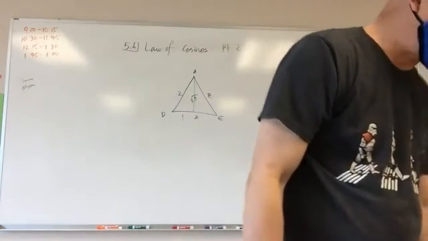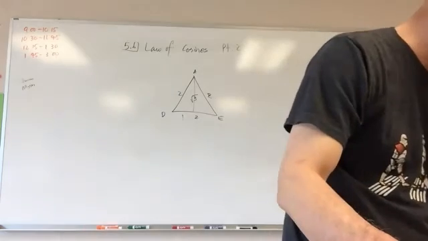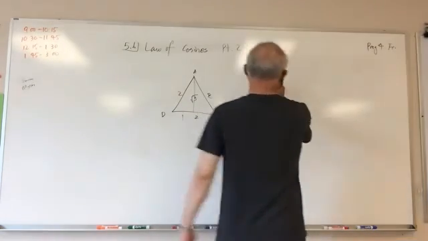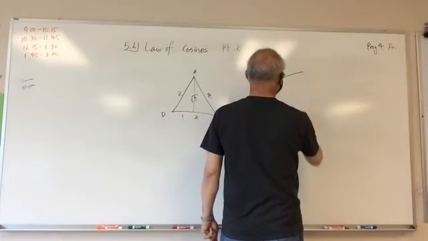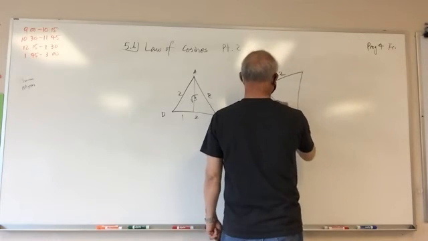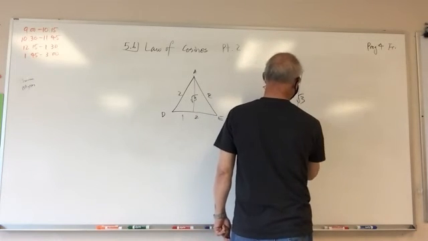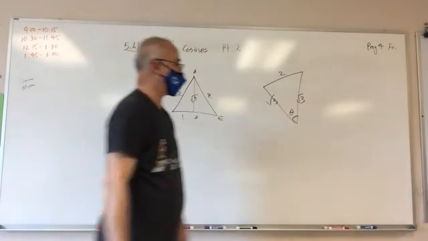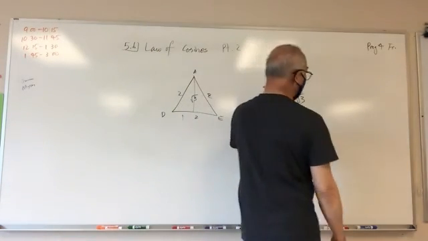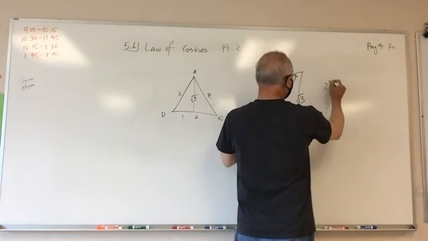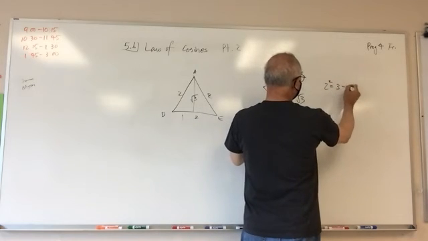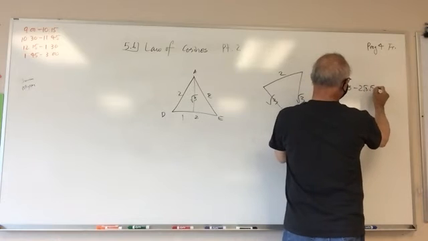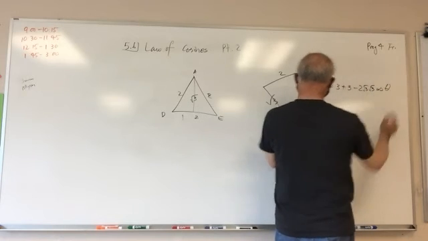So each one of them would be root 3, and you are trying to find the angle between those. So on that triangle you have 2, root 3, root 3, and you're trying to find this angle right here. So 2 squared is equal to this squared plus this squared minus 2 root 3 root 3 cosine of whatever this angle is.